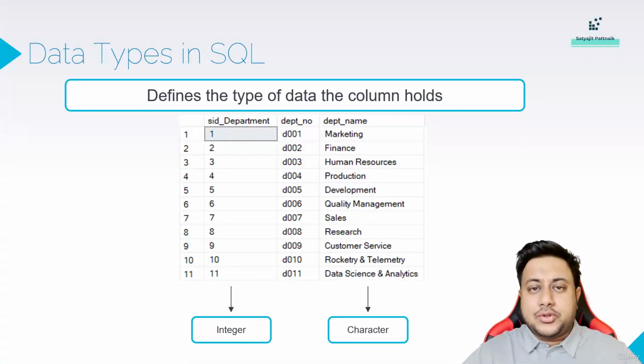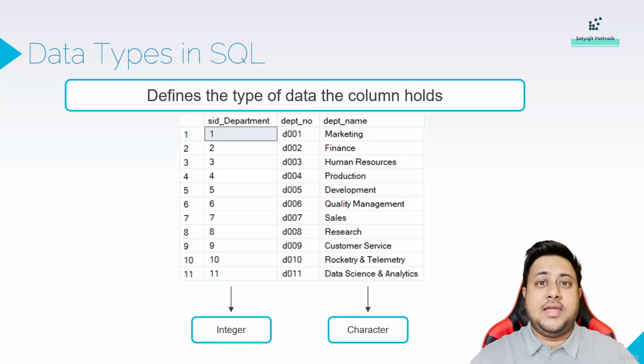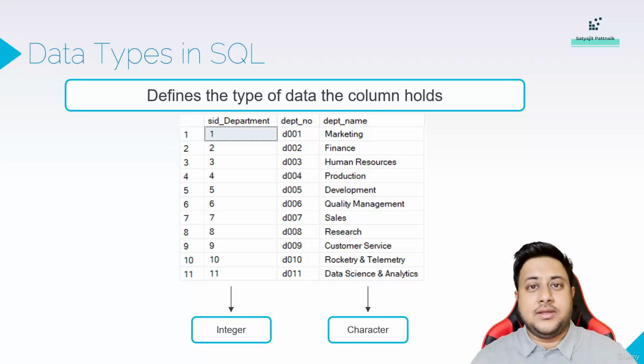Now, coming back to the next topic, which is going to be data types in SQL. What is a data type? I hope everybody knows what exactly data is. Data is of two types, majorly. One is categorical data and one is numerical data.